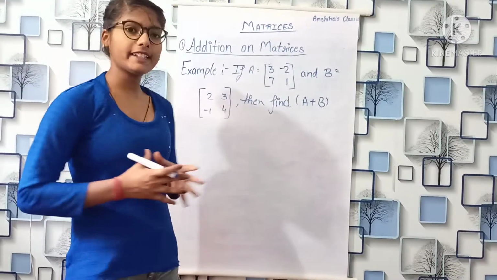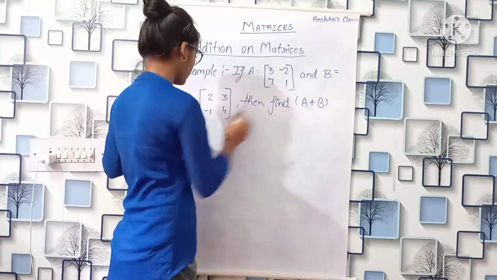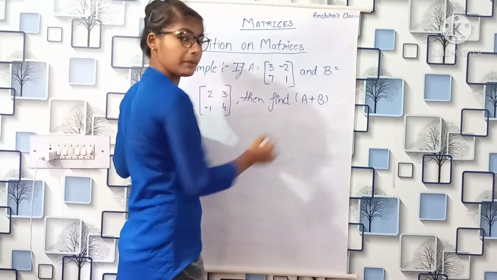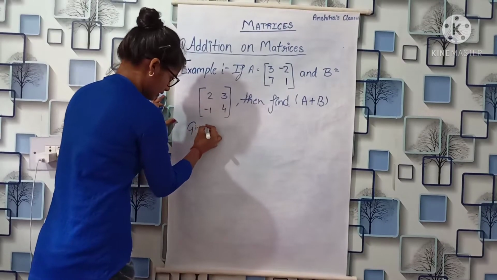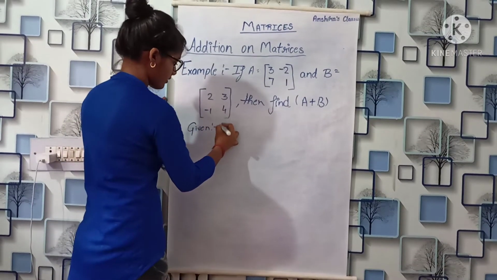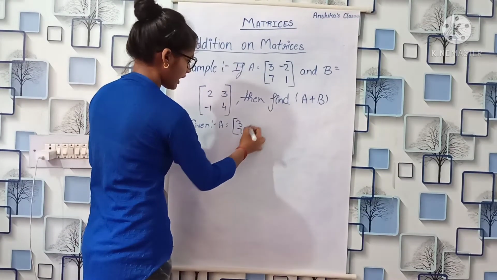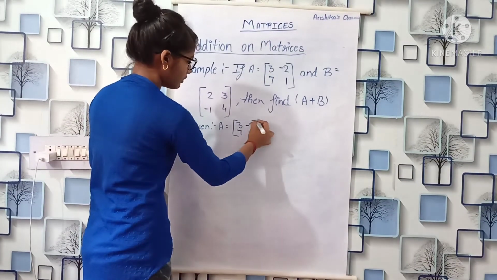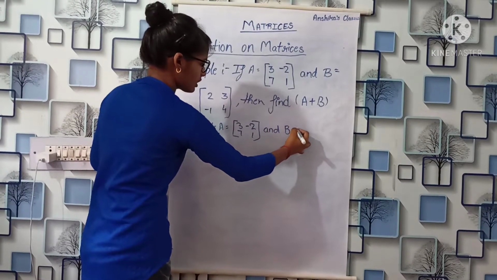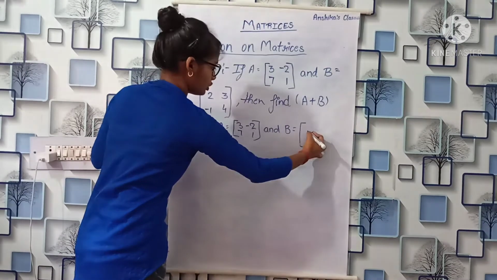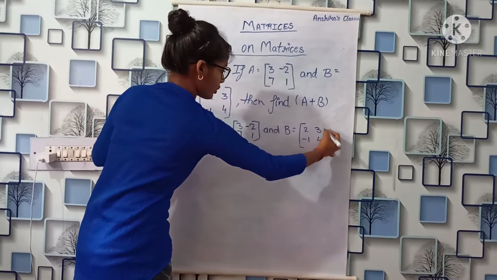So now take an example. If A is equal to this and B is equal to this, then find A plus B. Given A is equal to [3, 7; minus 2, 1], and B is equal to [2, minus 1; 3, 4].